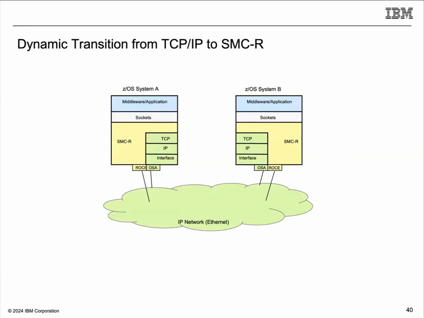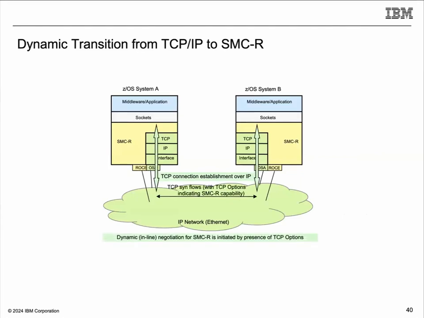So the applications are still your TCP/IP socket applications. They're going to do a socket open. They're going to do reads and writes across the socket. Under the covers, once that connection first gets established, we will send a new option on the TCP three-way handshake to indicate that we are capable of supporting SMC, and ask whether the remote side is capable of supporting SMC.